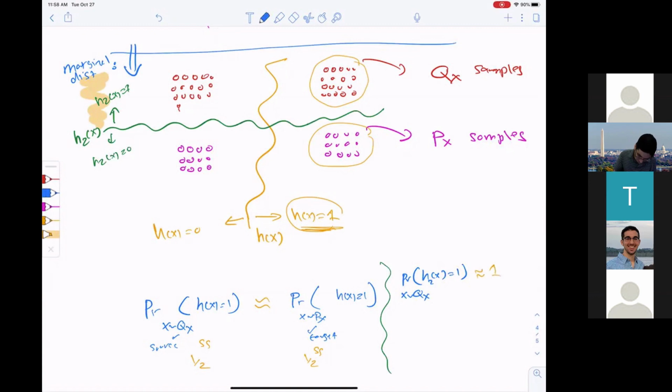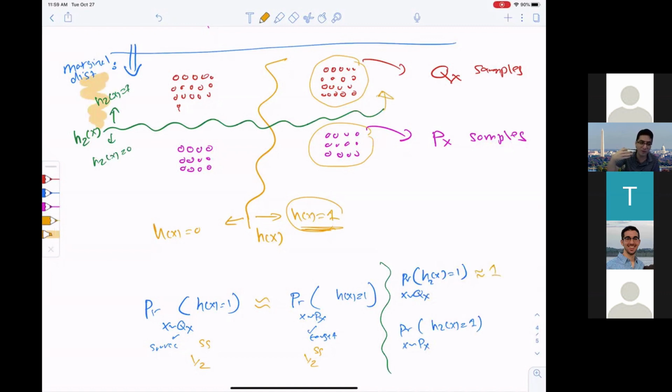All right, so what is the probability that h2(x) is 1 when x comes from my target? What is the fraction of my target samples on top of this hypothesis function? 0, right?